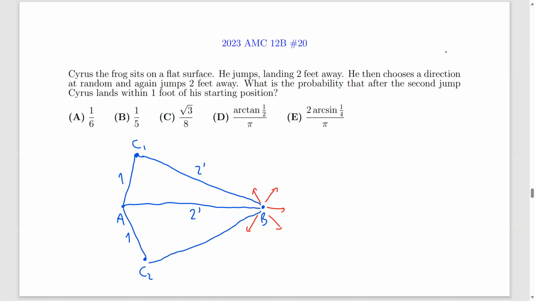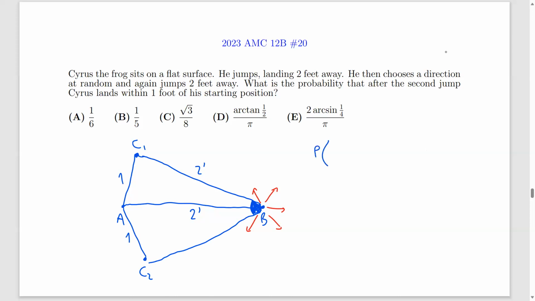Or Cyrus can jump any direction between the segments BC1 and BC2. So out of all possible directions, Cyrus needs to jump in a direction so that the frog lands between C1 and C2.